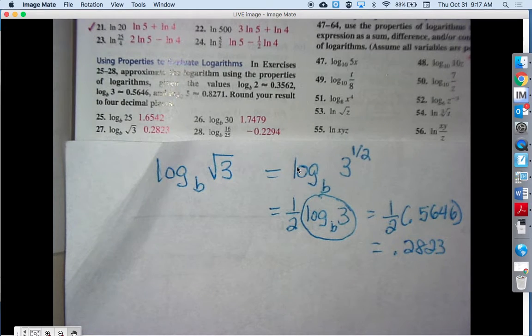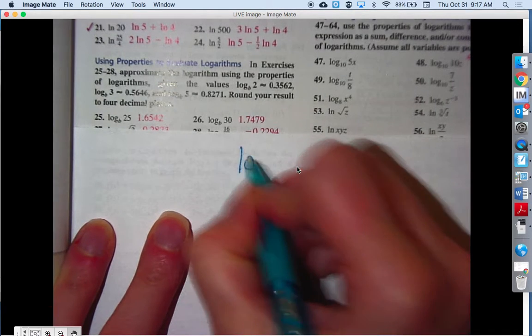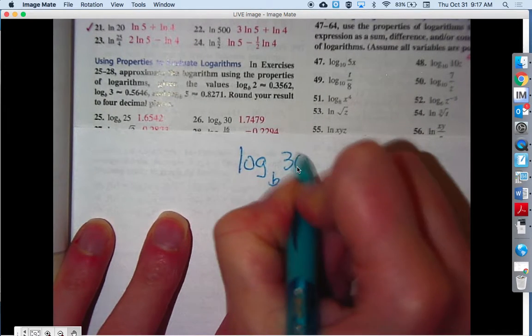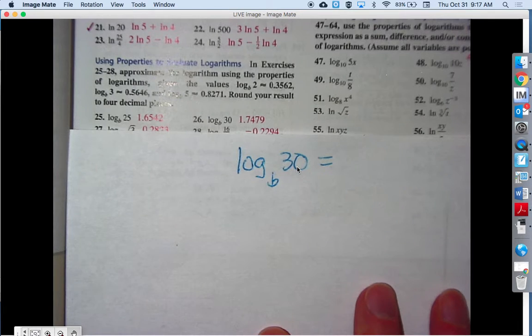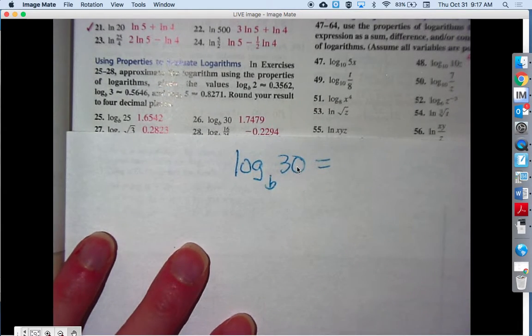So like for number 26, I know you didn't have to do number 26, but number 26 says we have the log of 30. How would you rewrite 30? So it could be 3 times 10.